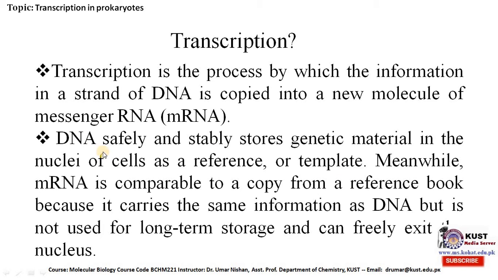But this information in DNA has to be transcribed first before it is translated into protein. So the process of transcription, in a way, works as an intermediate between DNA and protein.